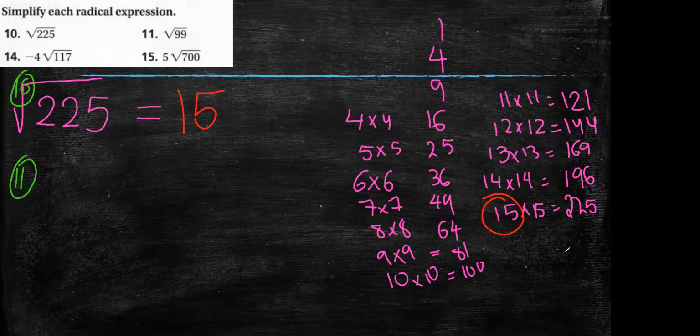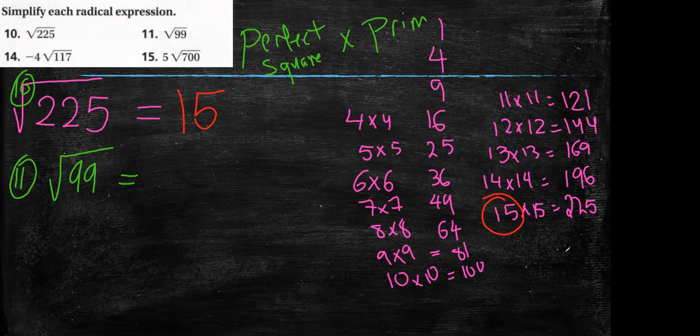Okay, now look at number 11. I want 99. Give me a perfect square number that, multiplied by a prime number, gives 99. Who can give me?